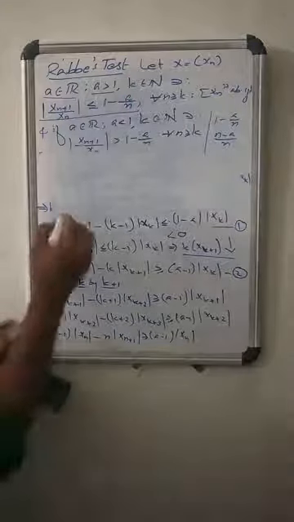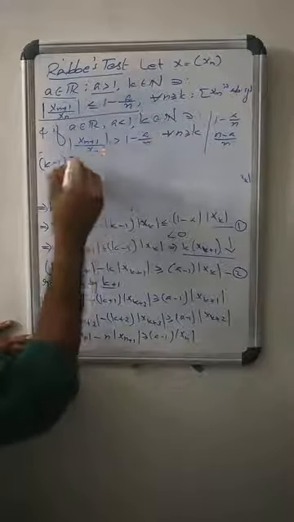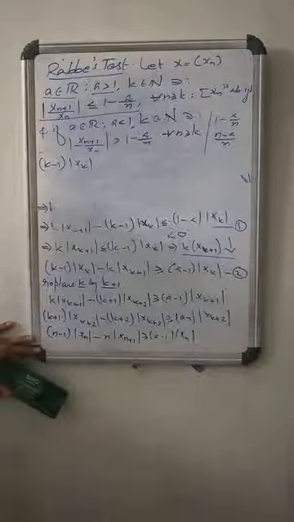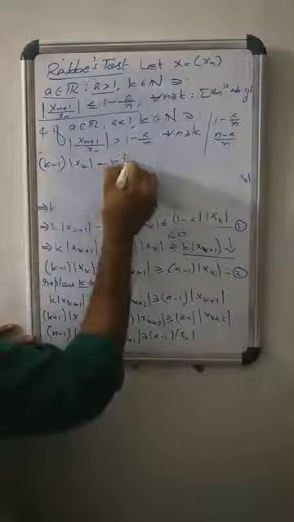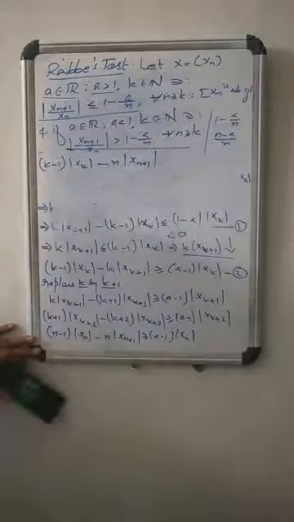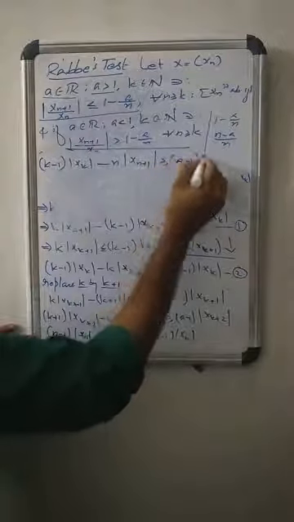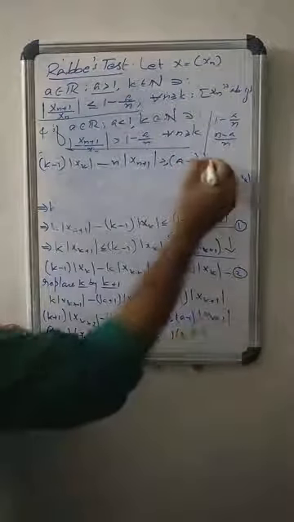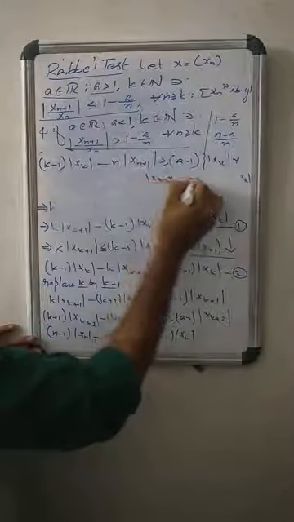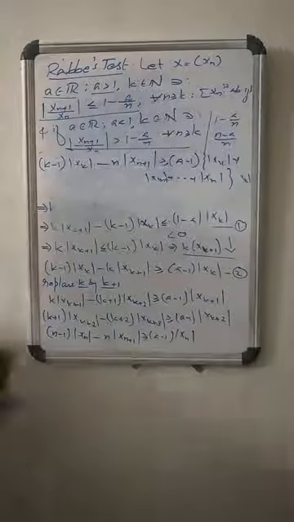You have k minus 1 into modulus of xk minus n into modulus of xn plus 1, greater than or equals, here a minus 1 is commonly taken outside. What means here? Modulus of xk plus modulus of xk plus 1 plus etc. plus modulus of xn.